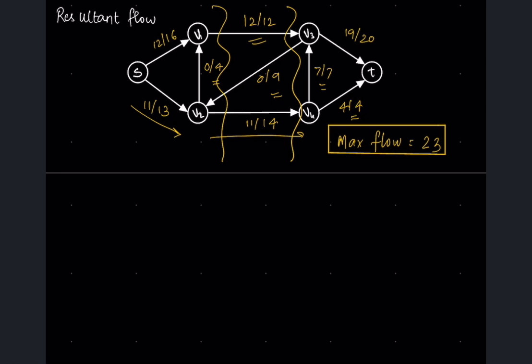Over here, we would get the flow for the S set of this cut as 11 plus 12, which is 23. And over here for the T set, we would get the flow as 19 plus 4, which is 23 again. So we can say that the maximum flow that we can achieve with this particular graph is 23.